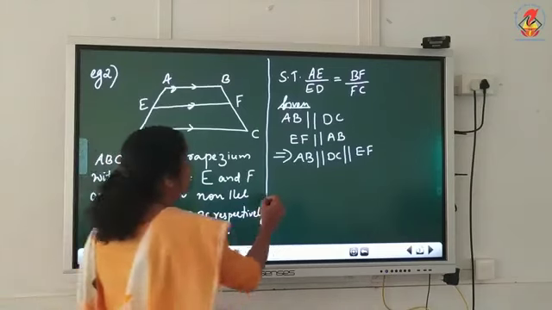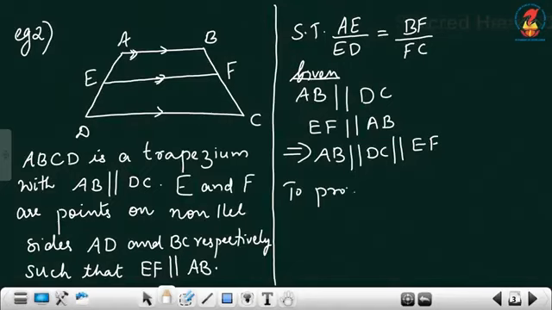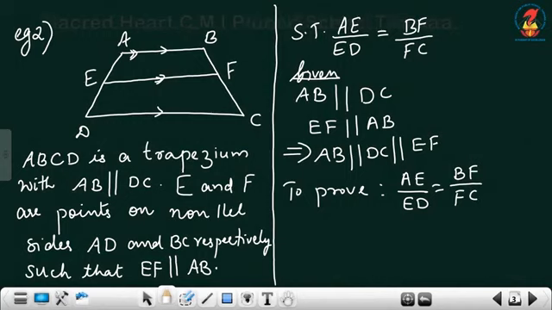And what we have to prove? To prove, AE by ED is equal to BF by FC. Here we need to make a construction on the figure.